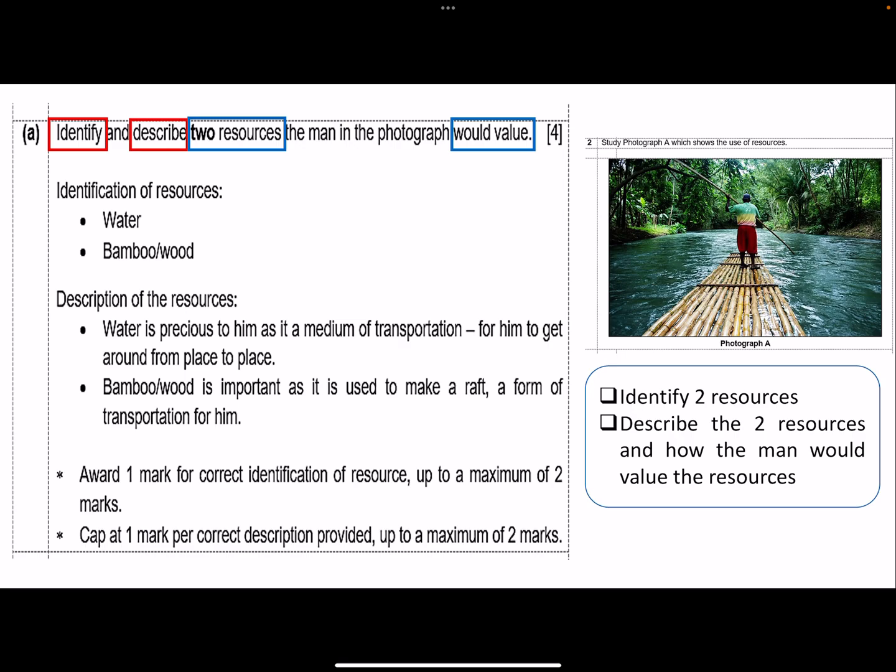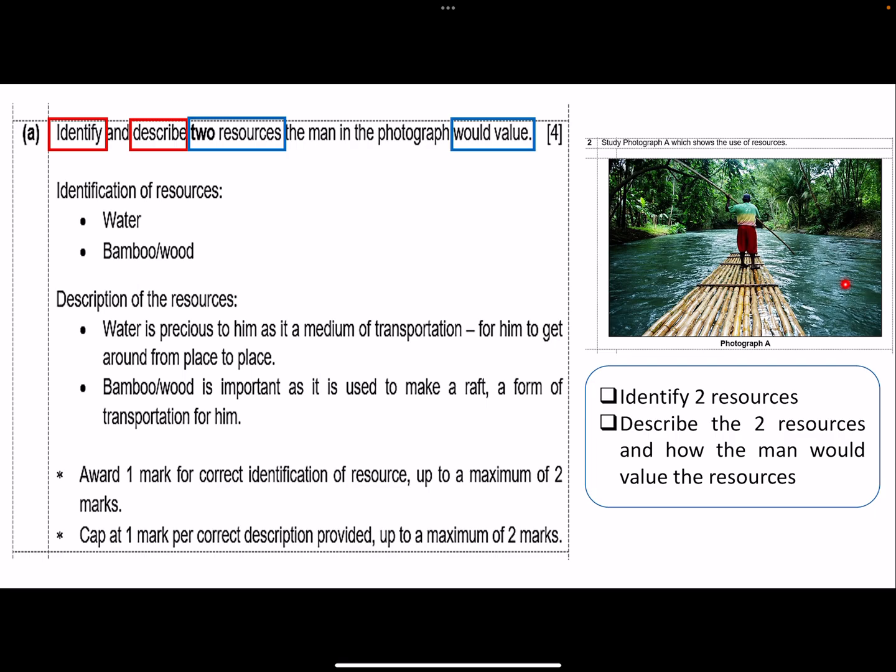How about this question? Question 2A asks to identify and describe. Identify, like earlier in question 1, means give me the correct geographical term of the resources that the man in the photograph would value. He will value, not you value, he values. What will he use it for?